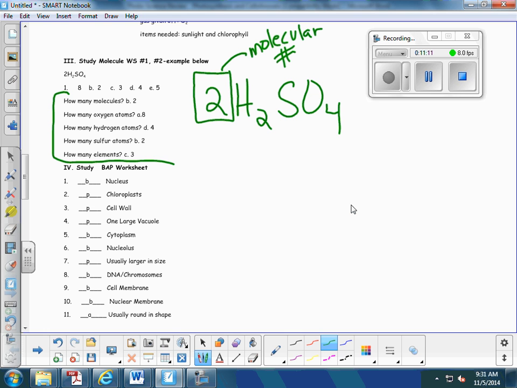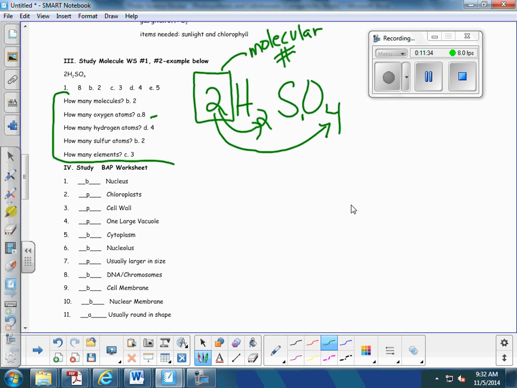When I say how many oxygen atoms, 2 times 4 is 8. How many hydrogen atoms? 2 times 2 is 4. Now, the tricky one is here's sulfur. Nothing's by it. When nothing is beside it, it means 1.